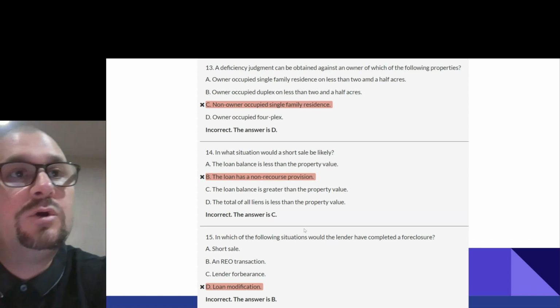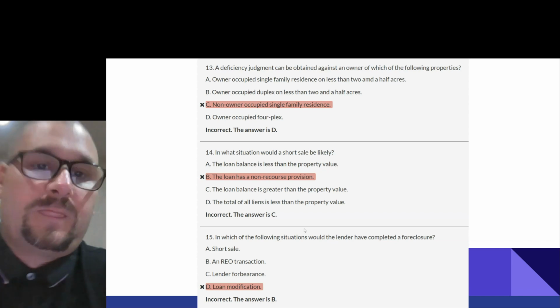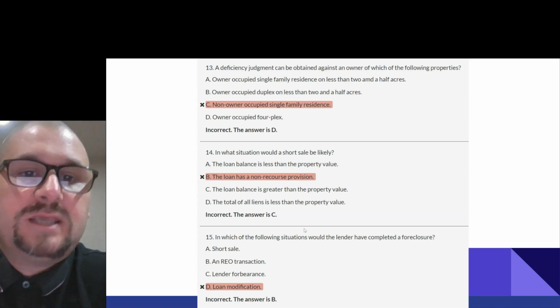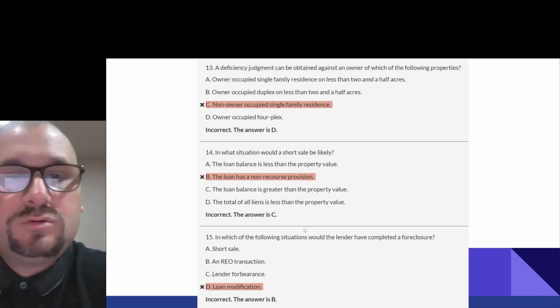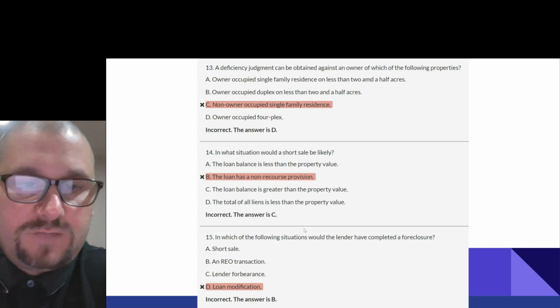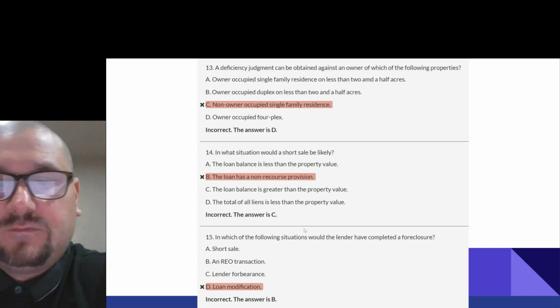You owe way more money than what it's actually worth. So A, the loan balance is less than the property value. No. The loan has a non-recourse provision. No. The total of all liens is less than the property value. No.